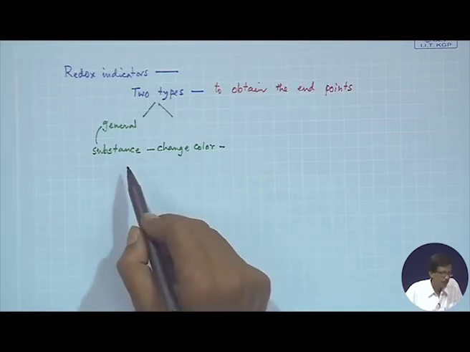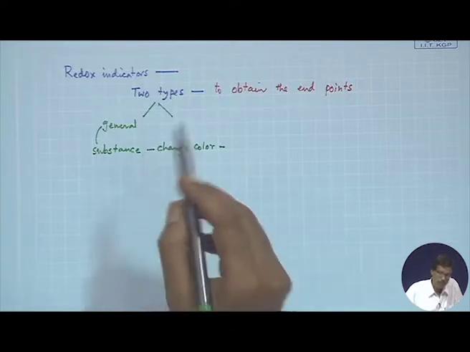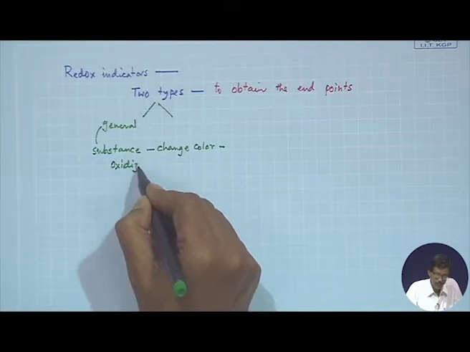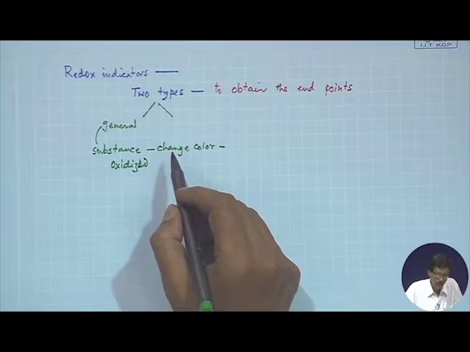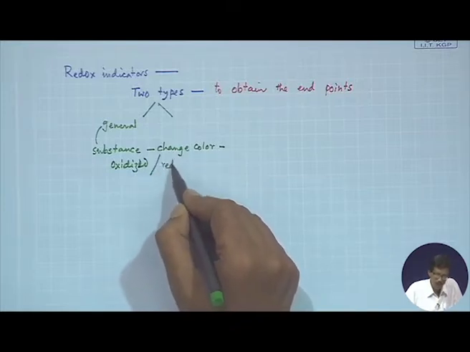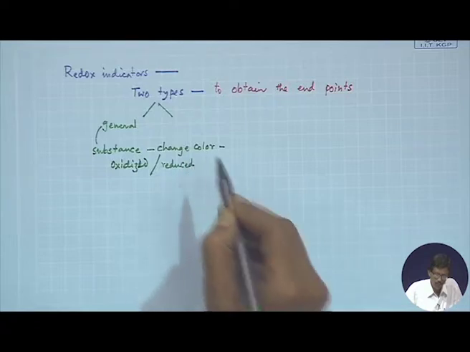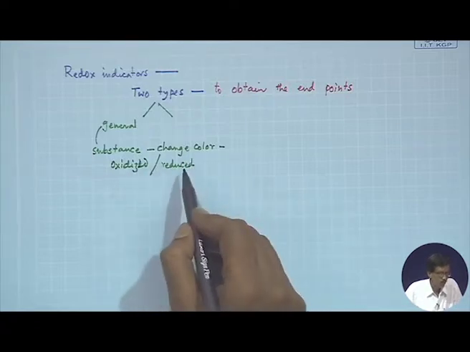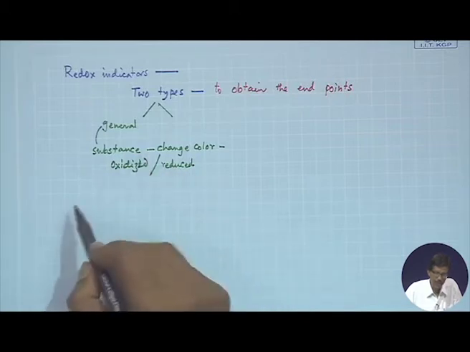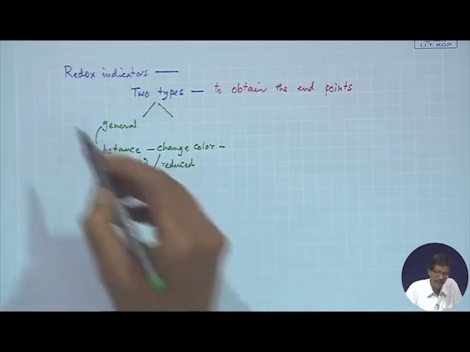Similarly, here also, whether the species is in the oxidized form or the reduced form, if these two forms have different colors, then you can have the corresponding indicator, and we get a broad range, basically a band.